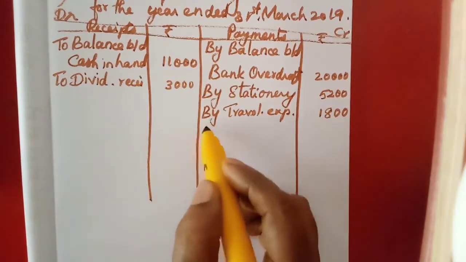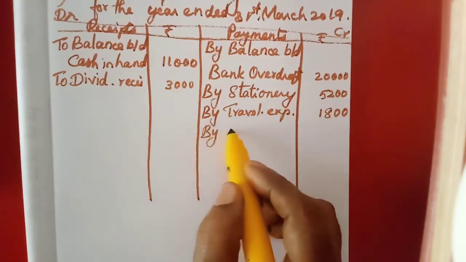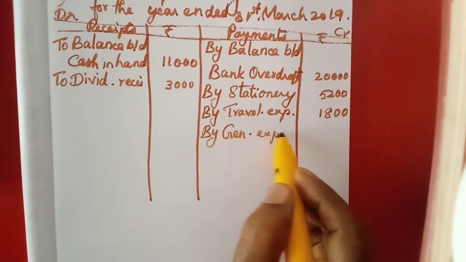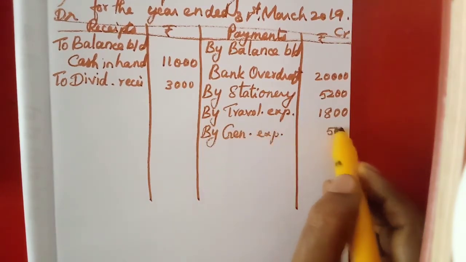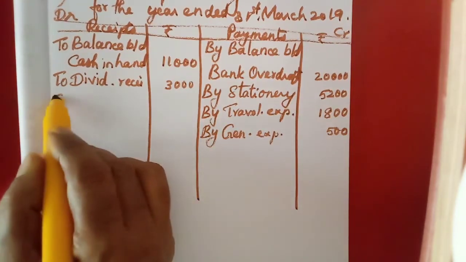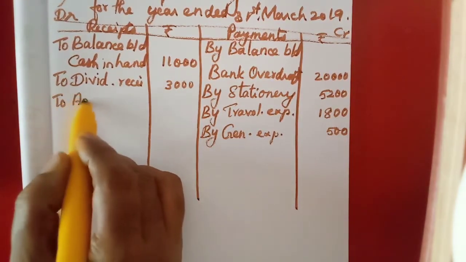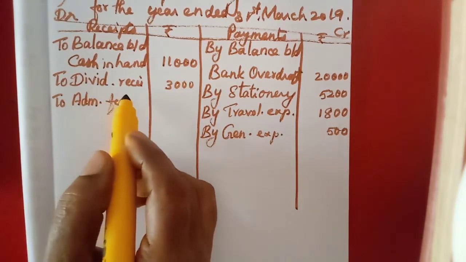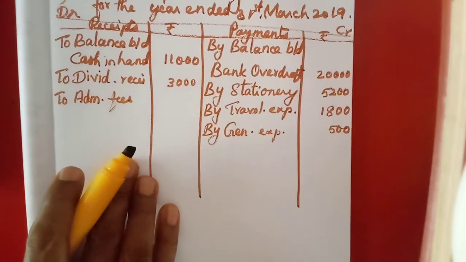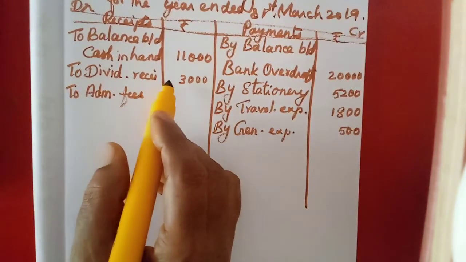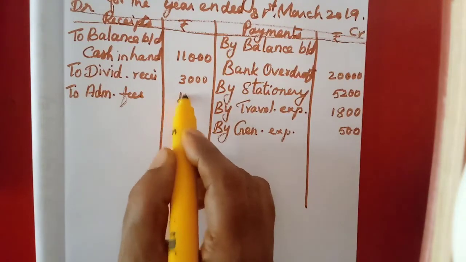Then general expenses, that is an expense, payment, general expenses, 500. Admission fees, that is a receipt. Don't think of our admission fees, we pay, but for the organization it is a receipt, 4,000.